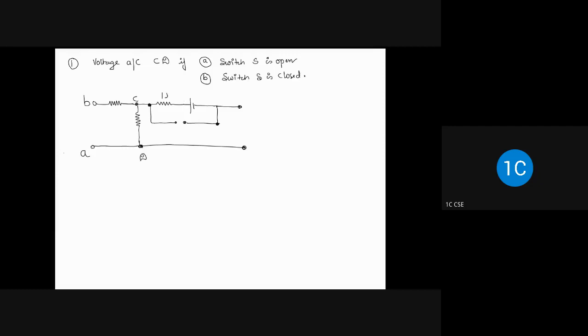This is 1 ohm, 2 ohm, 20 volts, and this is our switch S. It assumes only two positions, either open or closed. Presently, it is kept in open position.